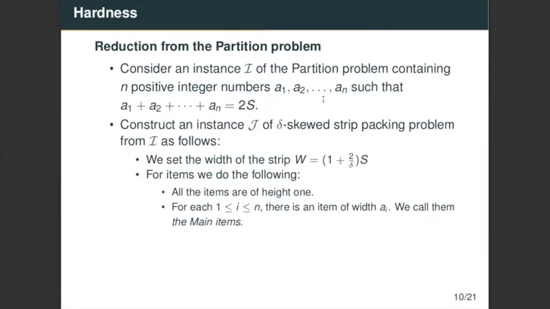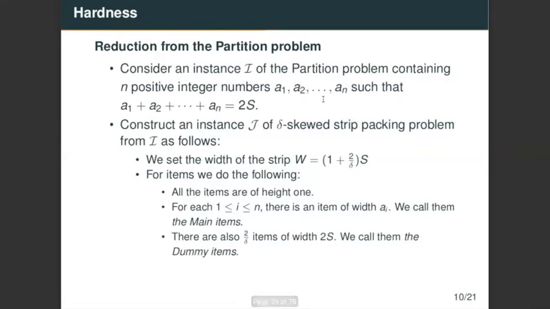Then for each i from 1 to n, we introduce an item of width ai. We call these items the main items. We also introduce 2 over delta items of width exactly 2s. We call them the dummy items. Note that the width of any item in J is less than delta w, which guarantees that we have a valid instance of delta skewed strip packing.